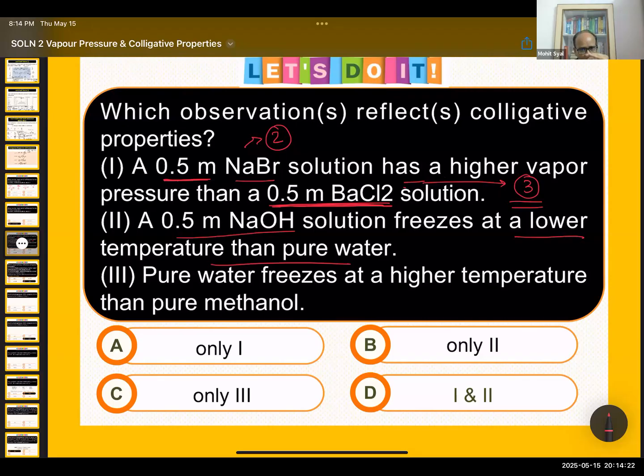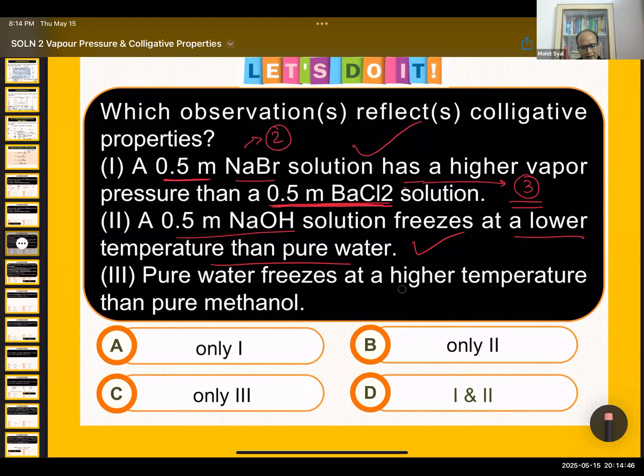By what amount it goes down depends upon the number of particles. So it is a colligative property. Got it? This is also a colligative property. The vapor pressure goes down with adding number of particles of solute.